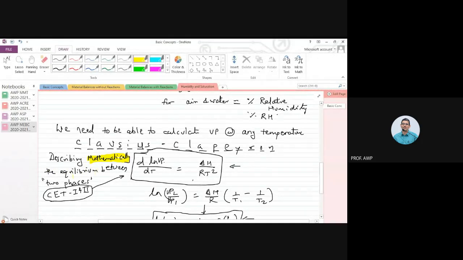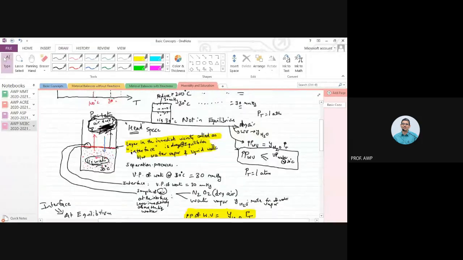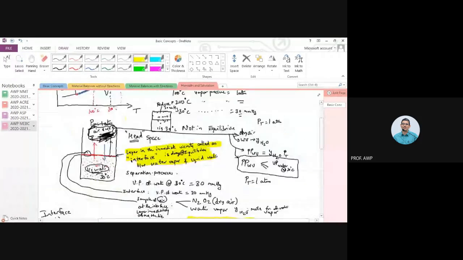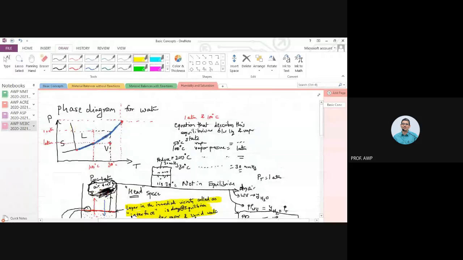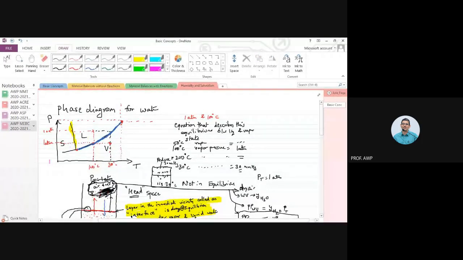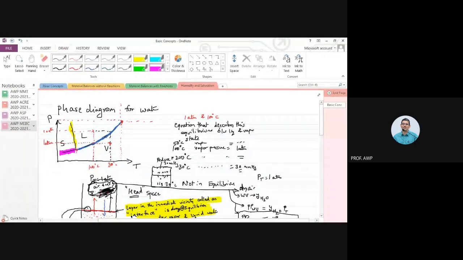Here we are talking only about equilibrium between liquid water and water vapor, but we could talk about equilibrium between solid water, meaning ice, and liquid water, or between solid water, ice, and water vapor, meaning sublimation or desublimation of water.